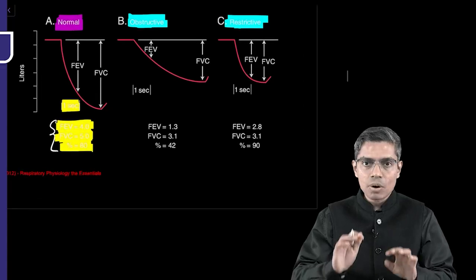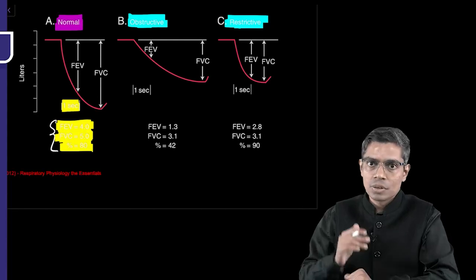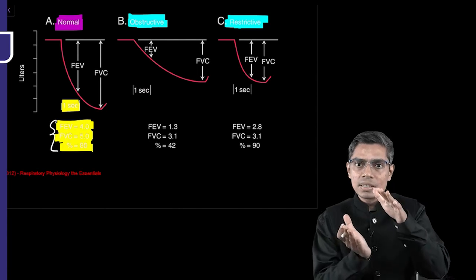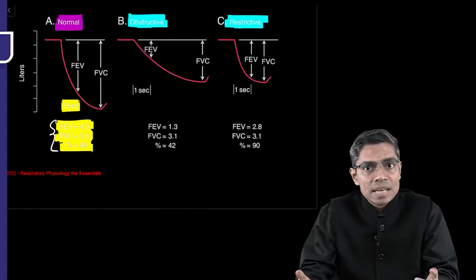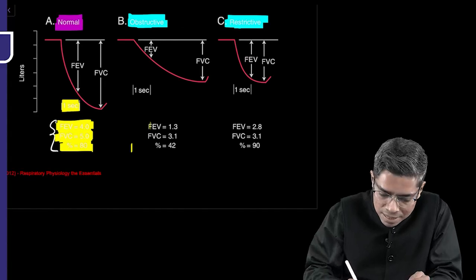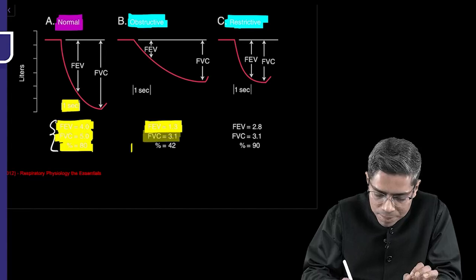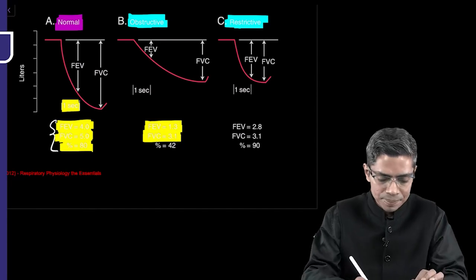Now if I look at obstructive disease, he is taking a long duration for expiration, so obviously FEV1 will reduce, and if you look at the total volume of expiration, that will also reduce because the residual volume is very high. So in case of obstructive disease, FEV1 is lesser, FVC is also lesser. Please note this down very carefully.